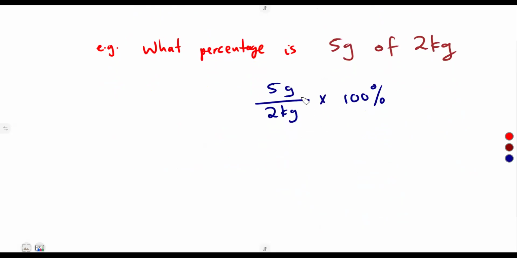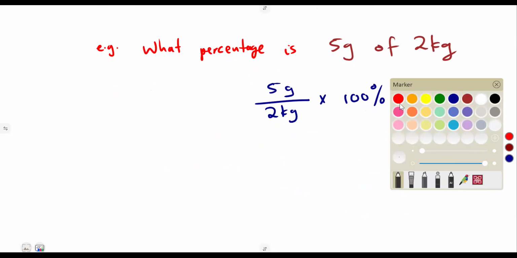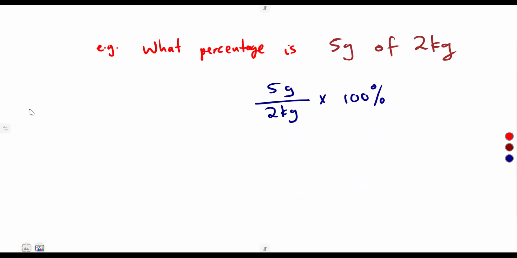We can change grams to kilograms, or kilograms to grams. It is easier to change kilograms to grams because we know that 1 kilogram has 1,000 grams. So 2 kilograms means 2 times 1,000 grams, which is 2,000 grams. So this can be written as 5 grams over 2,000.